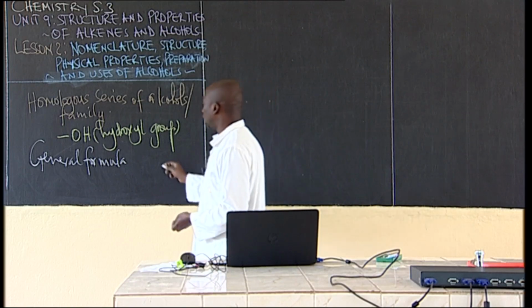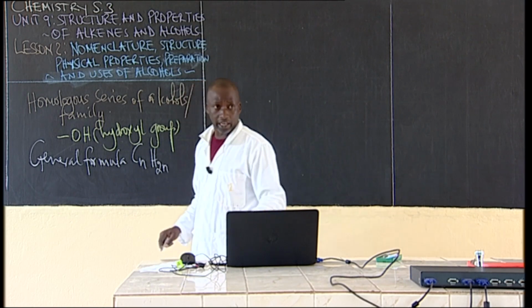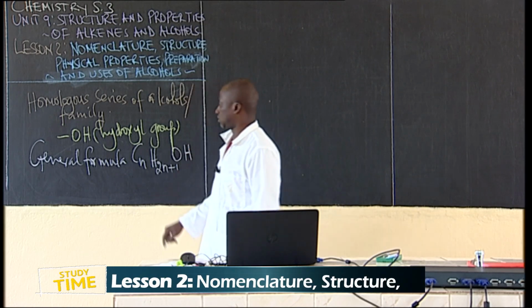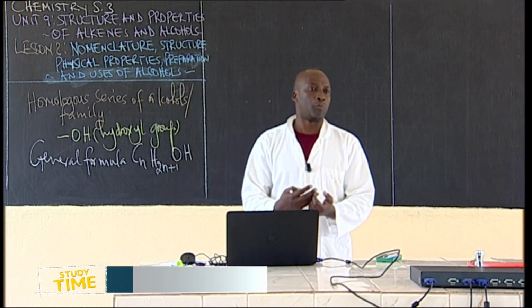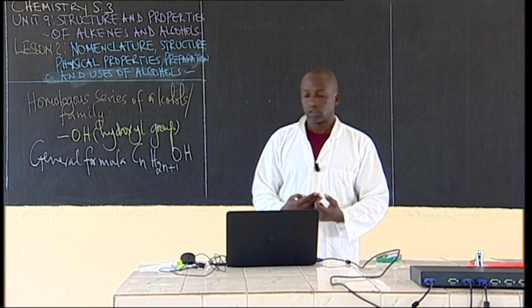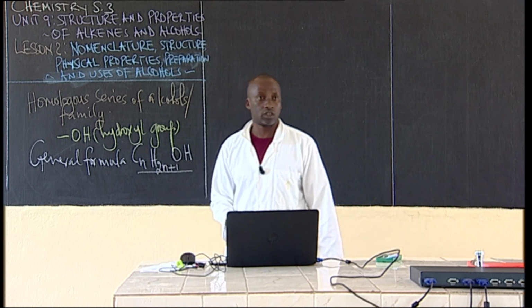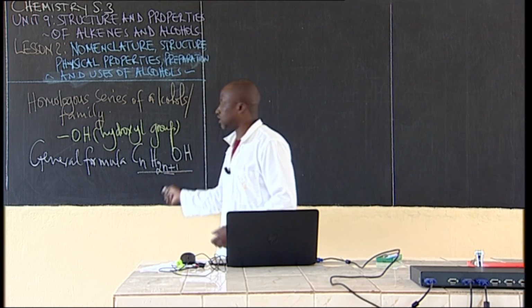So they have the general formula CnH2n+1OH. That is all the compounds of alcohols that we are going to look at. They are represented by this general formula.